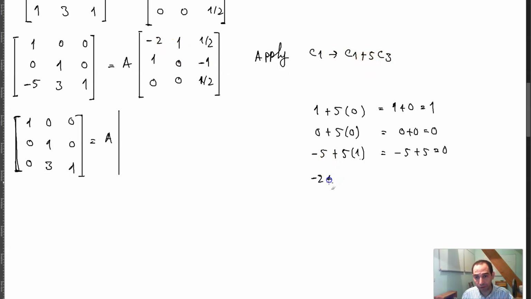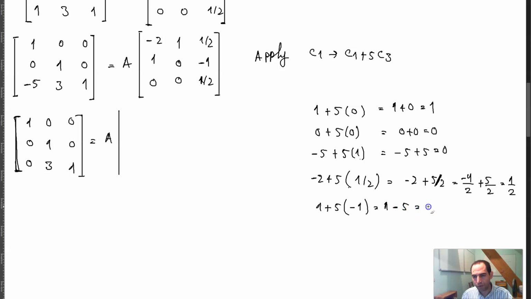So you have negative 2 plus 5 times 1 half, which is equal to negative 2 plus 5 halves, which is equal to, so basically 2 halves would be 1, so negative 4 halves, negative 2 plus 5 halves, so 5 minus 4 is equal to 1, that is 1 half, and then you have 1 plus 5 times negative 1, which is equal to 1 minus 5, which is equal to negative 4, and then you have 0 plus 5 times 1 half, which is 5 halves.